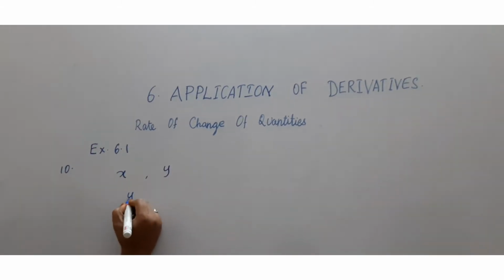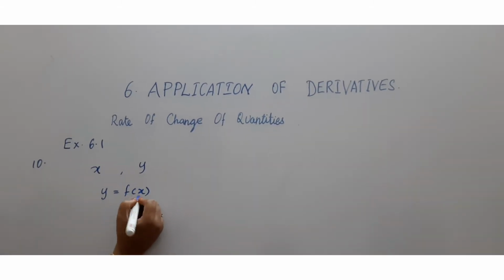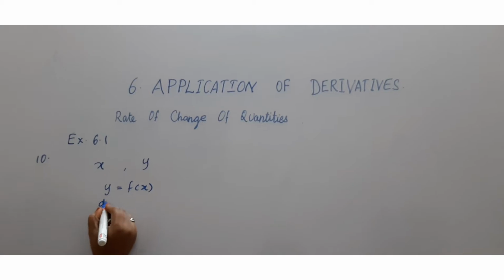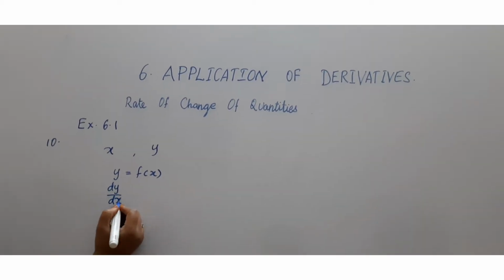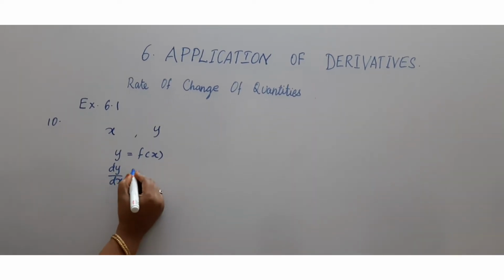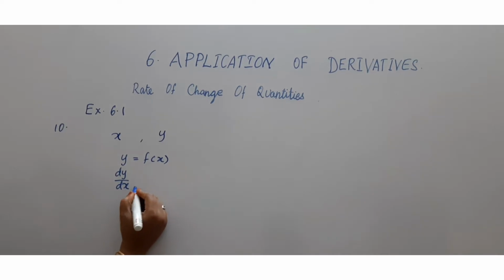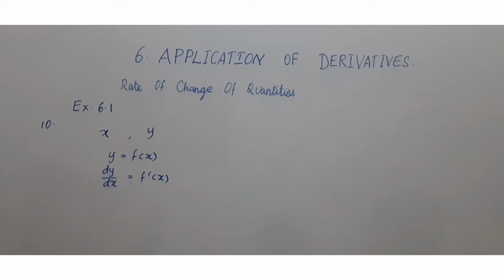It means when we have a function y as a function of x, we are going to find how this y varies with respect to x. When we have a change in x, what is the amount of change in y with respect to x? That's what we are going to find in this topic.